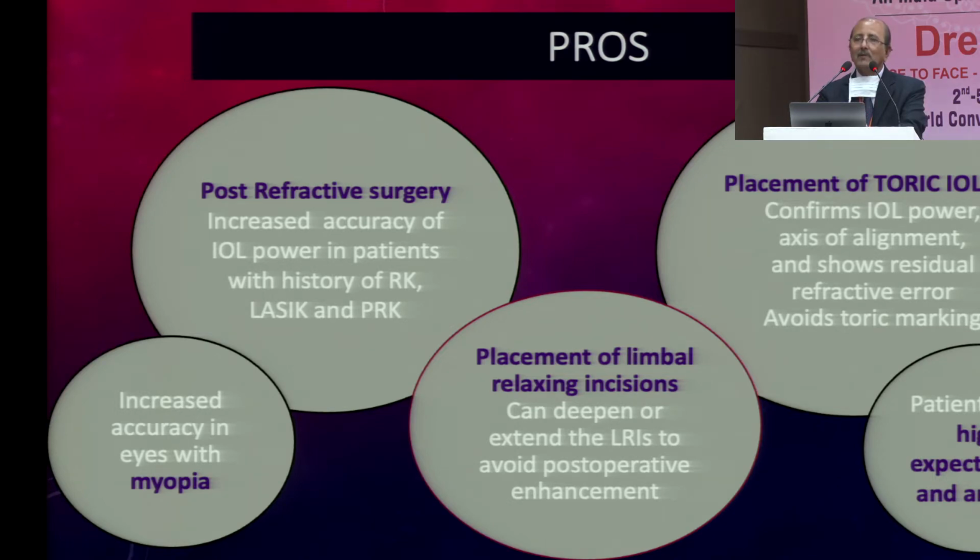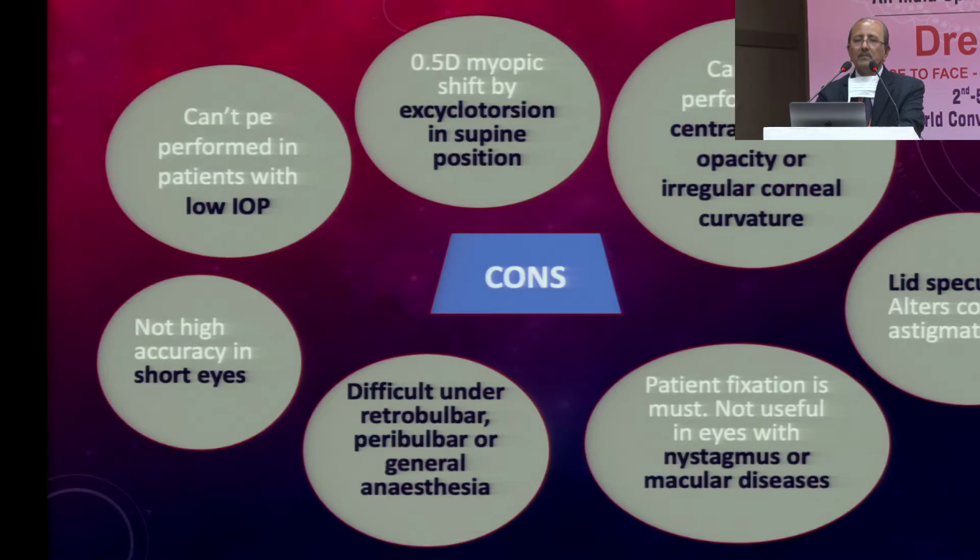We have also used it in adult and pediatric cases, for the power of the IOL and where we align it. Patients' expectations are very high, and we can deepen or extend the LRI to avoid post-operative enhancement, and it is found to be much more accurate in myopes.